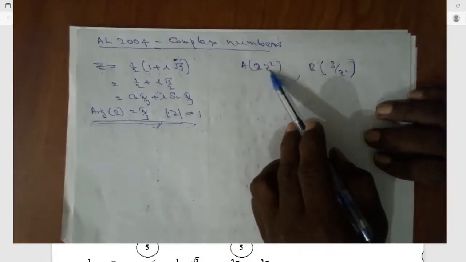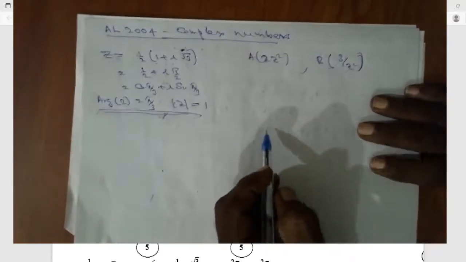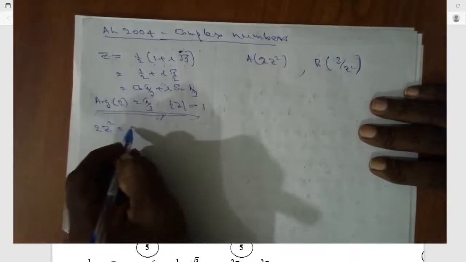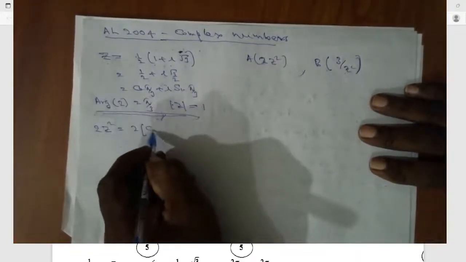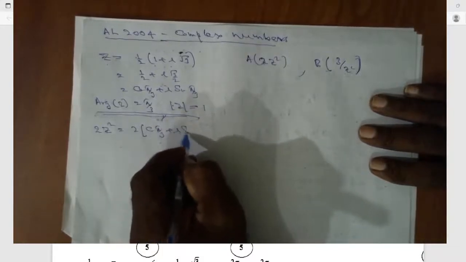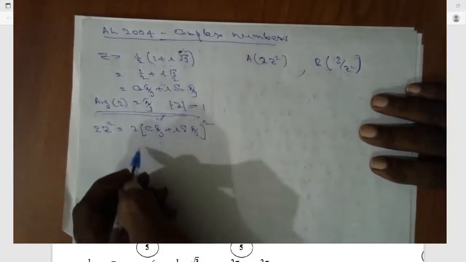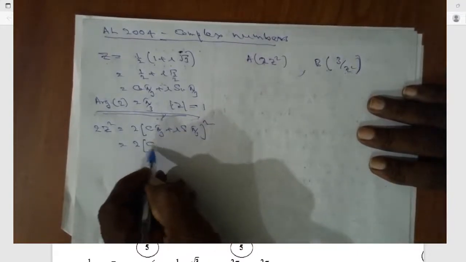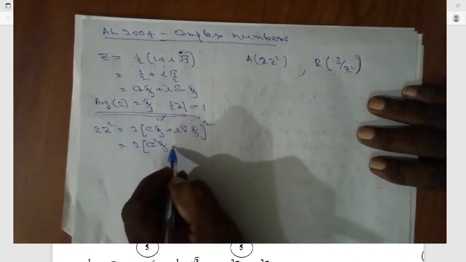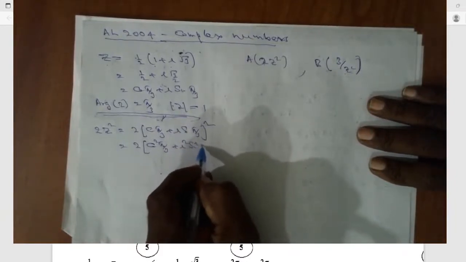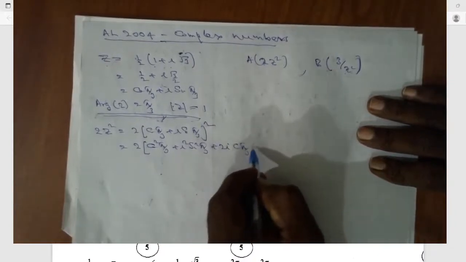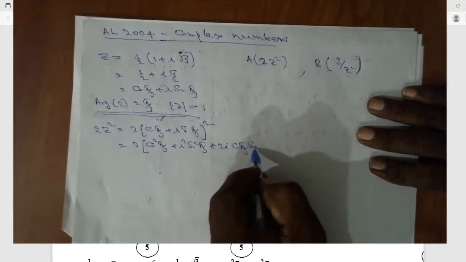But they need 2c squared and 3 over c squared. If you take 2c squared, it is 2 into cos pi by 3 plus i sin pi by 3, whole thing squared. Or you can apply De Moivre's theorem: cos squared pi by 3 plus i squared sin squared pi by 3 plus 2i cos pi by 3 sin pi by 3.